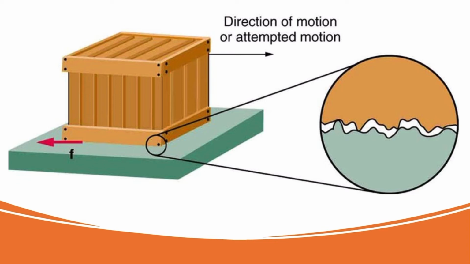When the weight is large, the frictional force is large, and when the two surfaces are rough, again the frictional force will be high. So frictional force is directly proportional to the roughness of the two surfaces, and that is shown by a coefficient which is denoted by mu.